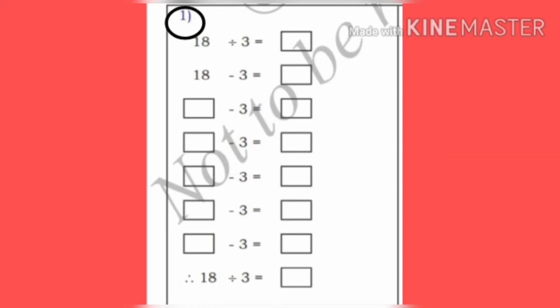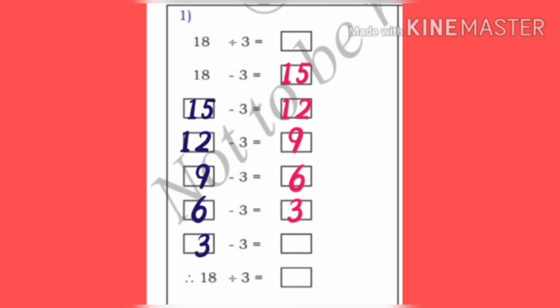Let us divide the first question. 18 divided by 3. Now here we subtract. 18 minus 3 is equal to 15. 15 minus 3 is equal to 12. 12 minus 3 is equal to 9. 9 minus 3 is equal to 6. 6 minus 3 is equal to 3. 3 minus 3 is equal to 0.